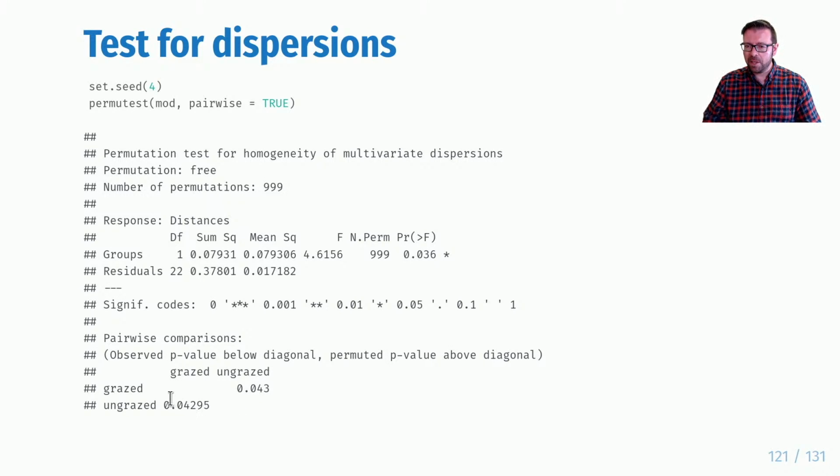The p-value below the line is based on the classic p-value from the ANOVA, and this here is the p-value that's based on the permutations. So by telling it to do pairwise comparisons, you can actually work out which groups are significantly different from one another and see where the dispersion problem really is. But you could probably also get that just by looking at the plot as well.